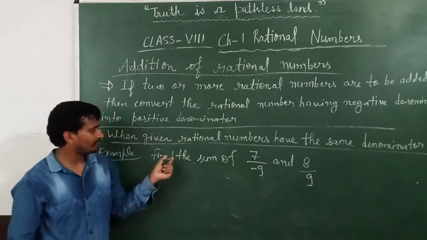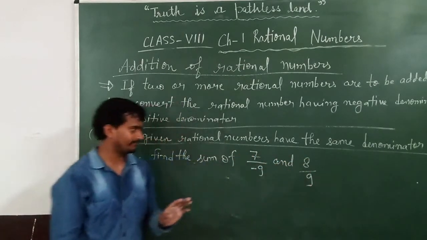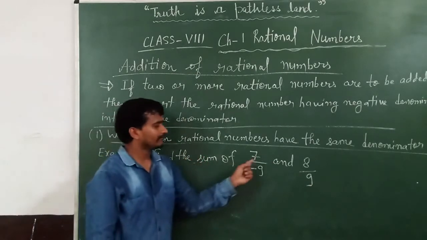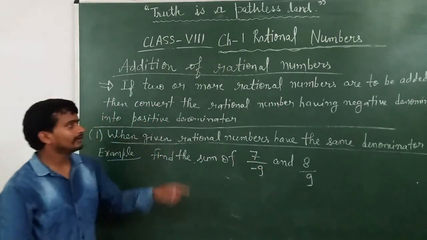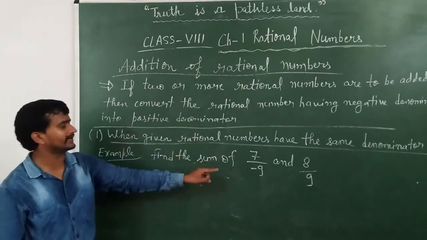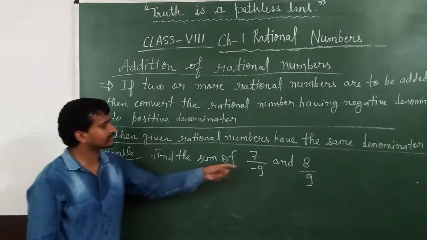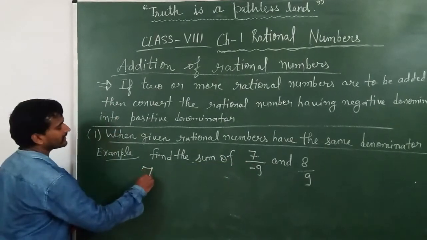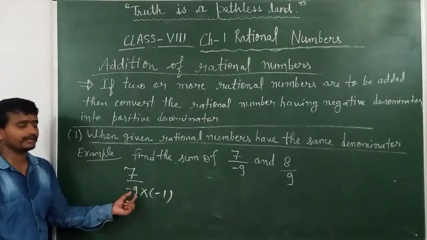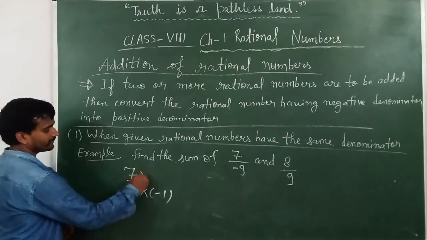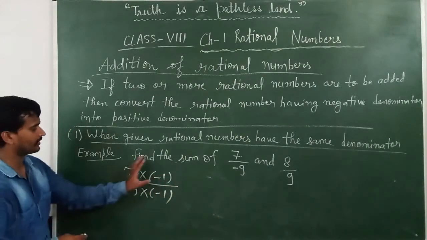For example, find the sum of 7 upon minus 9 and 8 upon 9. First of all, we will check the denominator. Here the denominator is negative, so we multiply numerator and denominator both by minus 1, because there will be no change on multiplying by this.